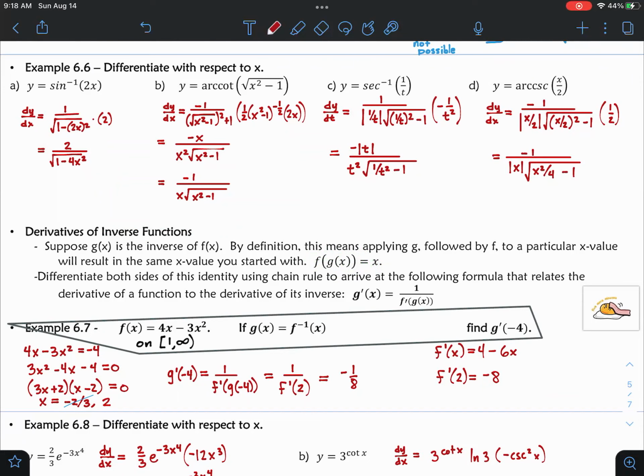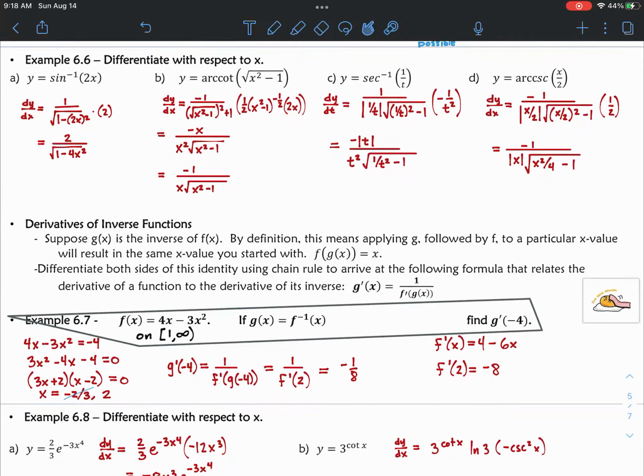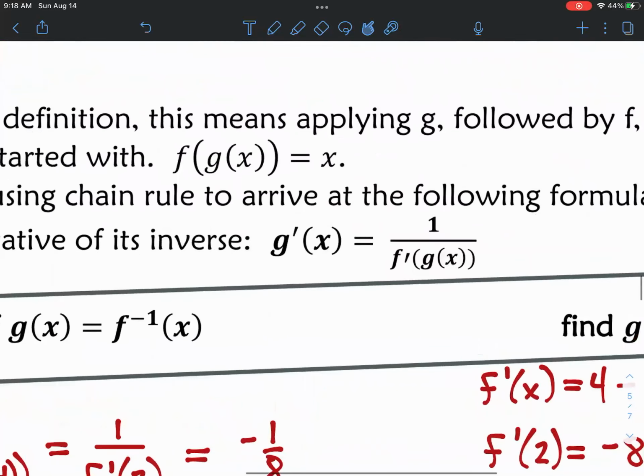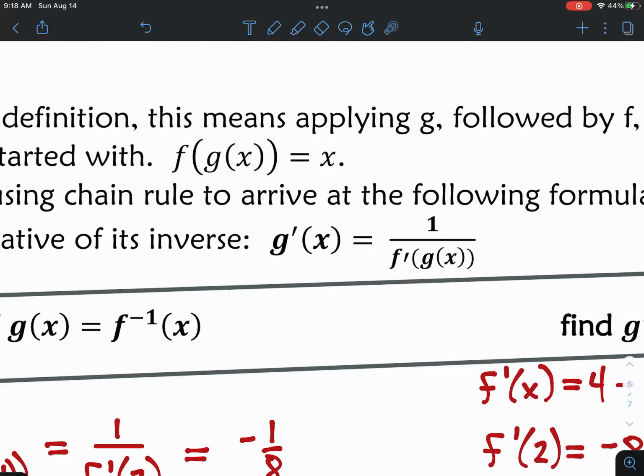Now, there is a formula to help us work out derivatives of inverse functions. I don't have this memorized. I never have. The way I derive it is I just remember this basic algebra rule about inverses and I differentiate both sides.